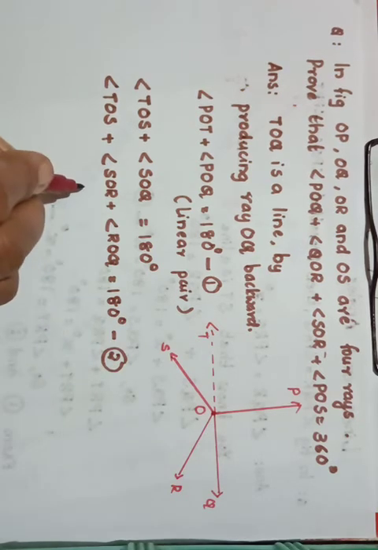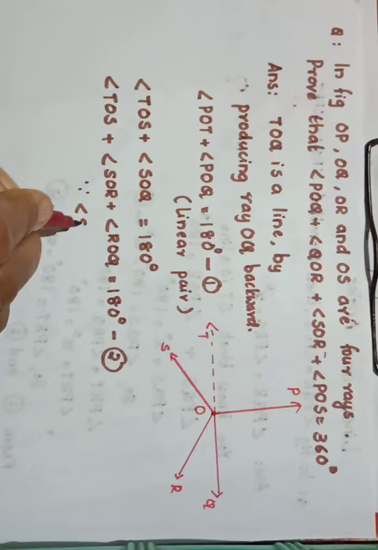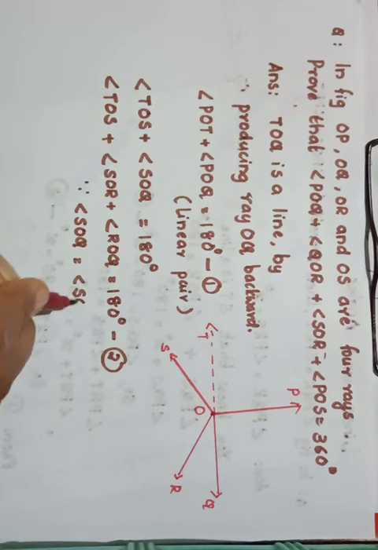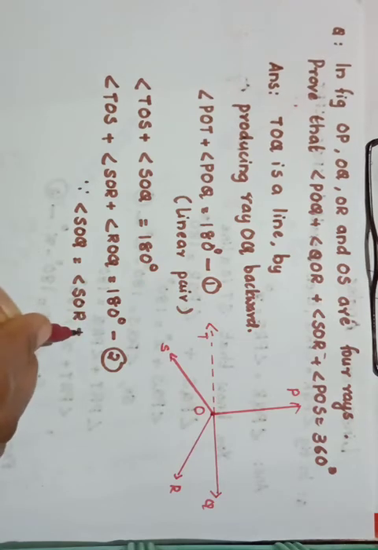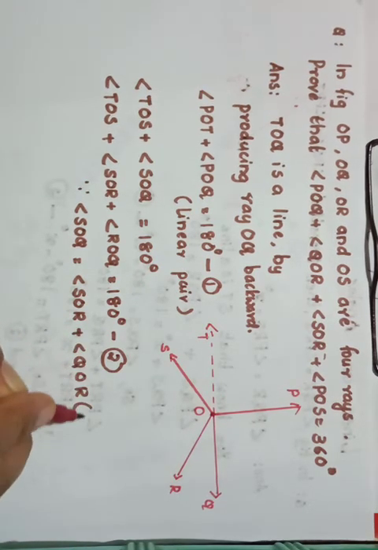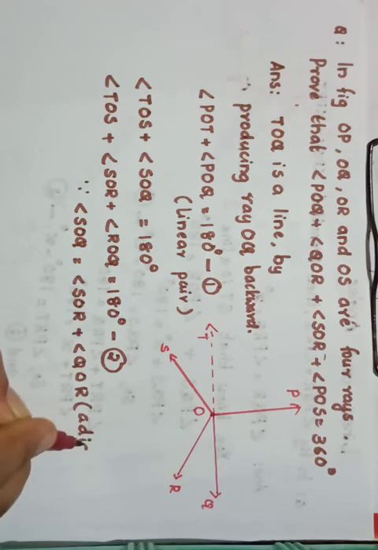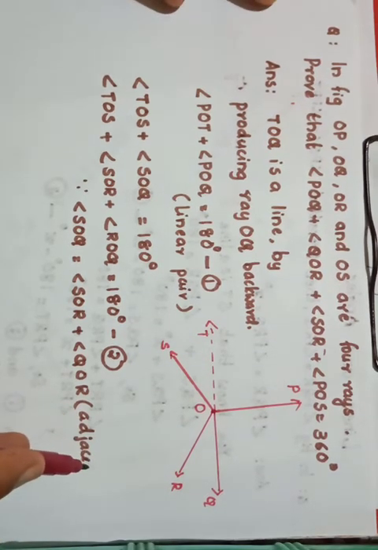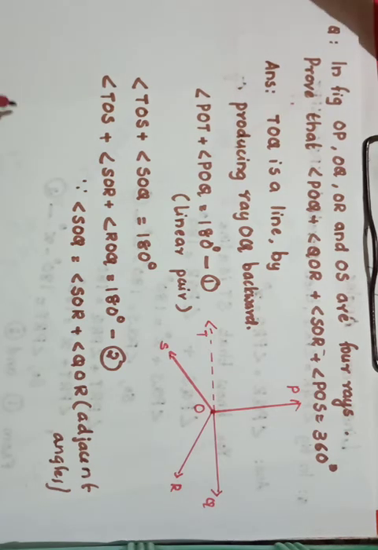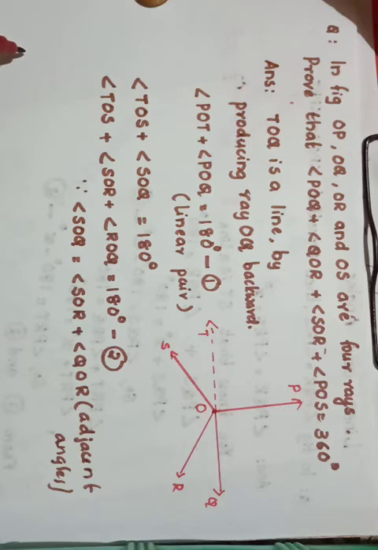So you understood why angle SOQ is an adjacent angle, the sum of SOR and angle QOR.